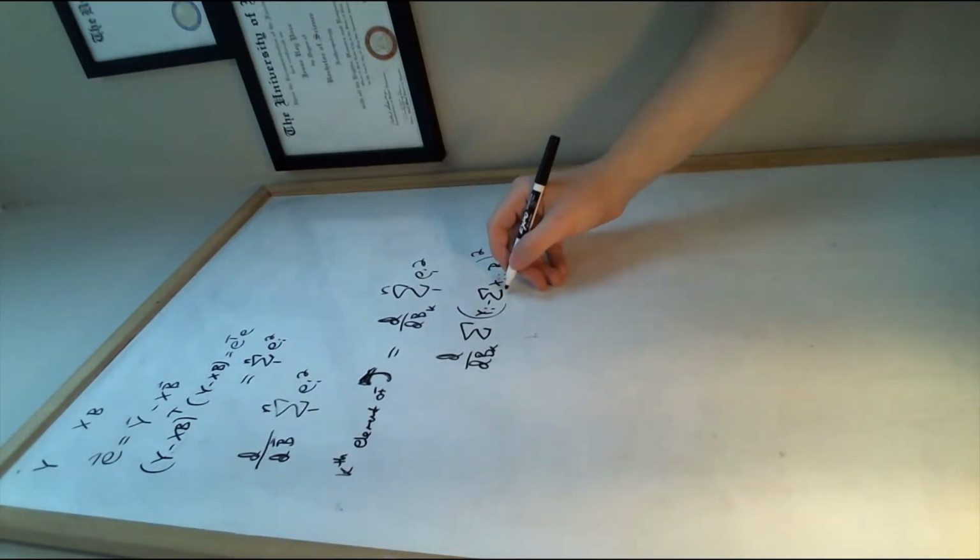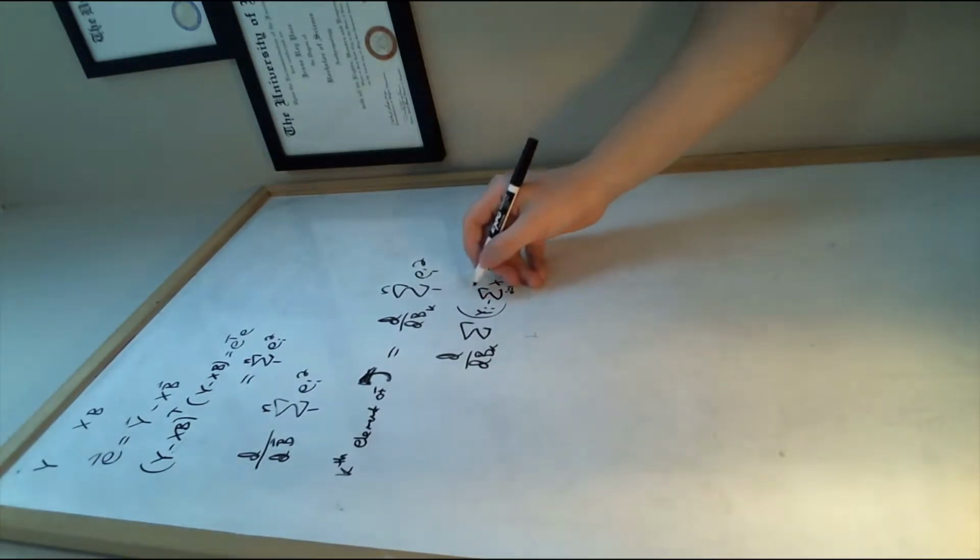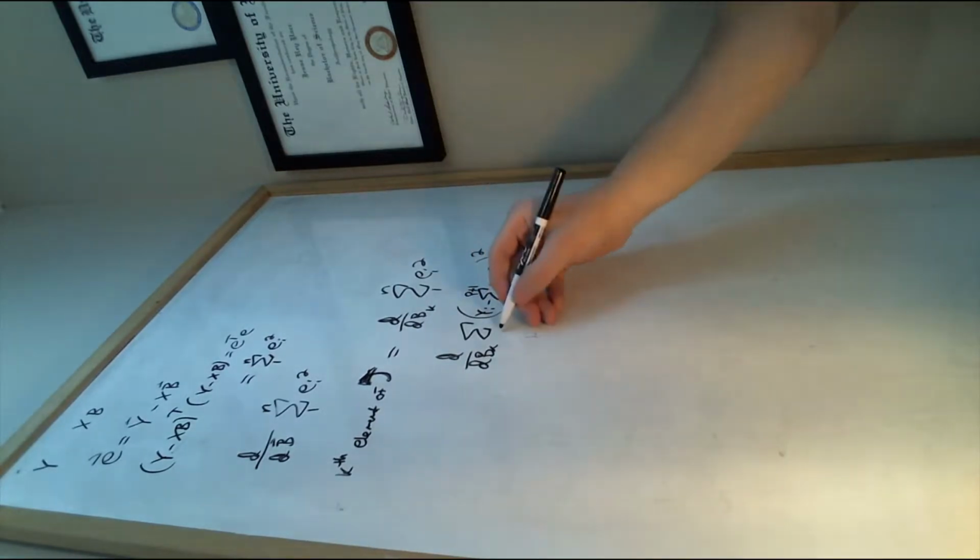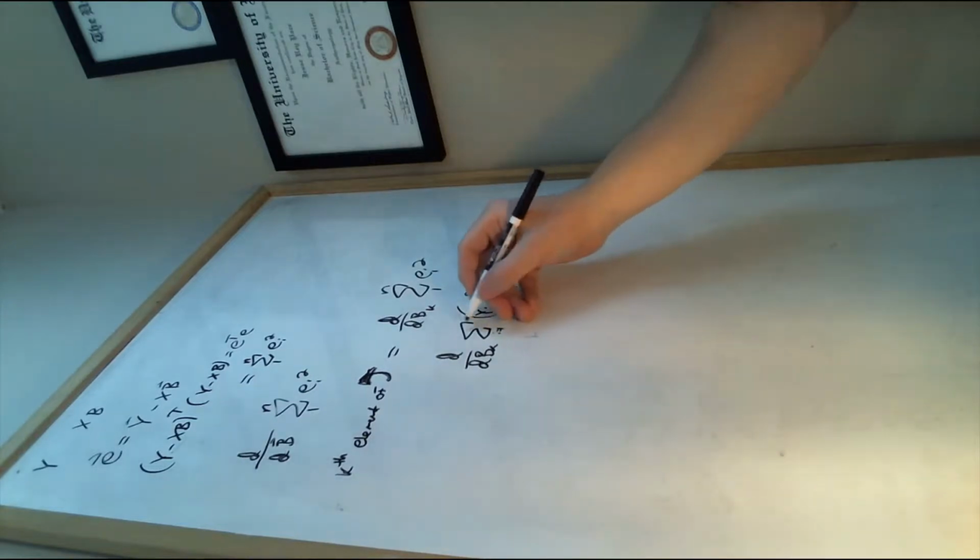This goes from j equals 1 to p plus 1, and the outer sum goes from i equals 1 to n.